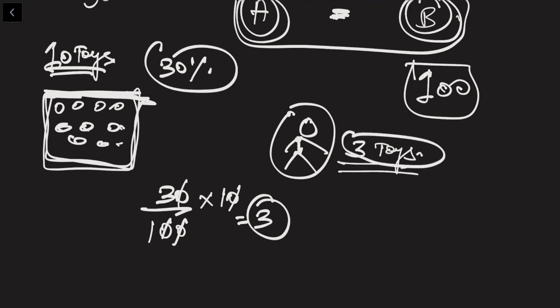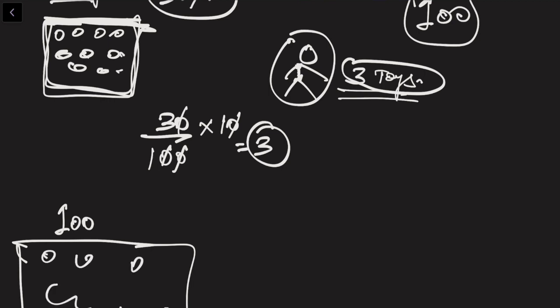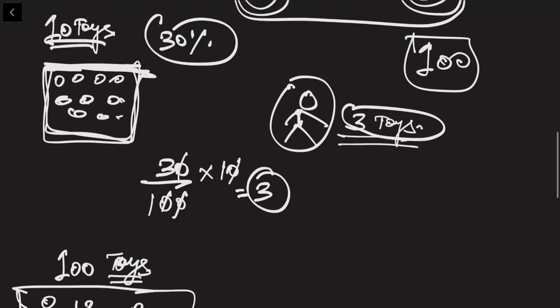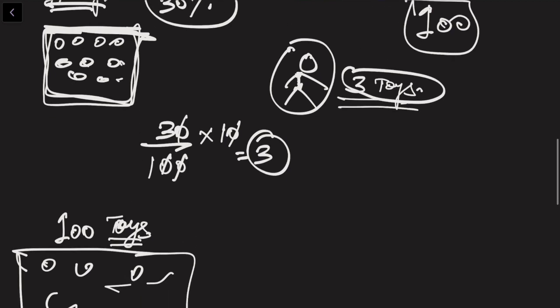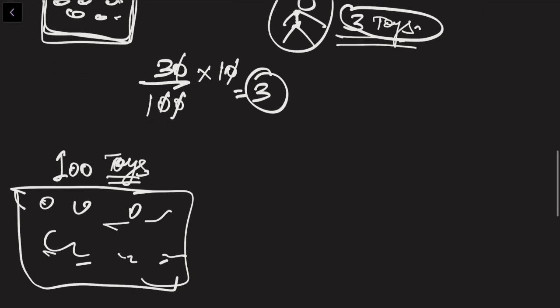All right, now suppose that after 1 week the shopkeeper has 100 toys in his shop. Now I tell him that, bro, you have to give 30% of toys to the kid always, whenever he or she comes to you.